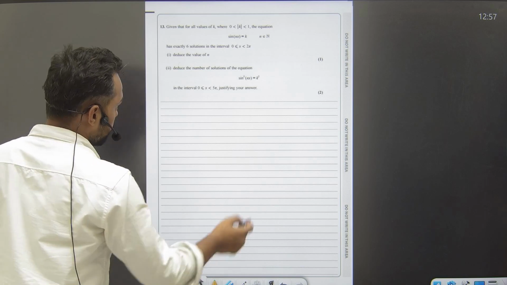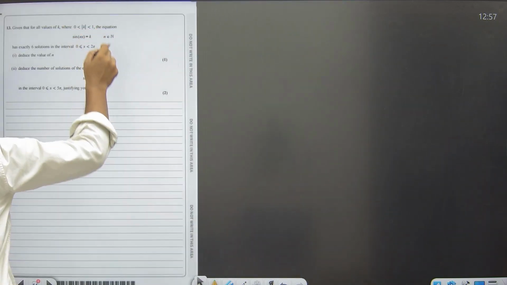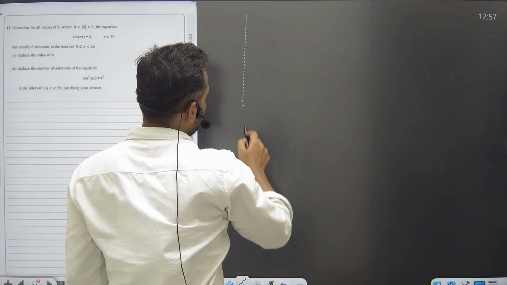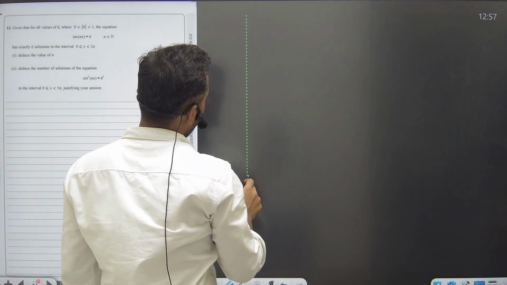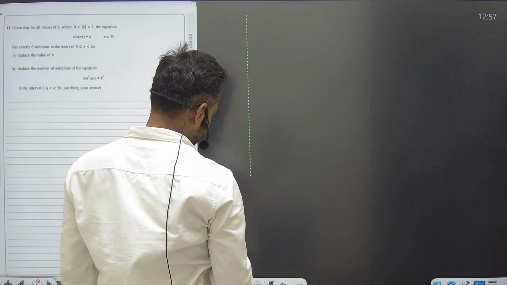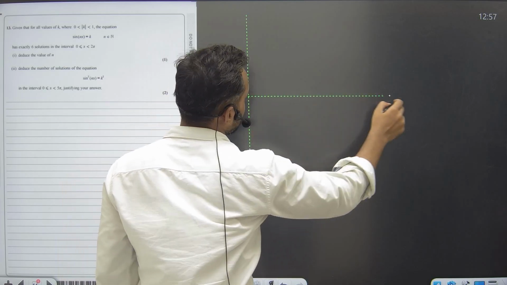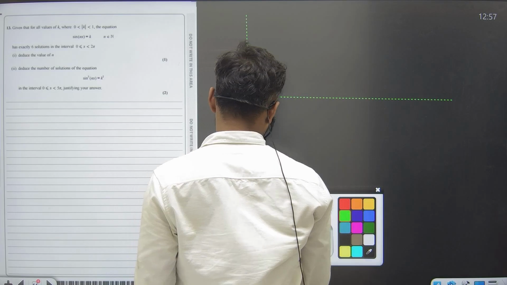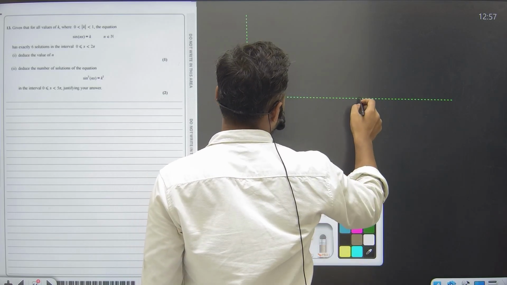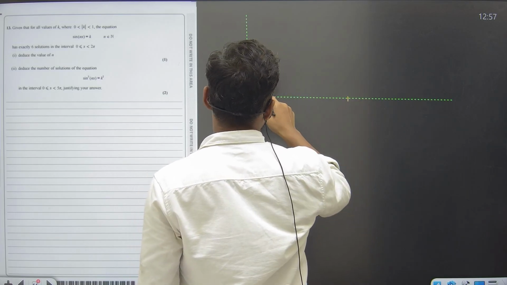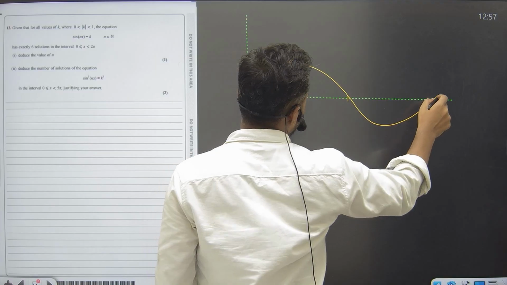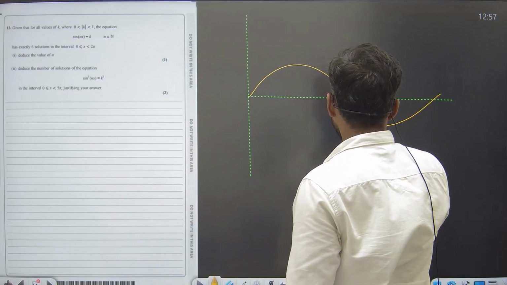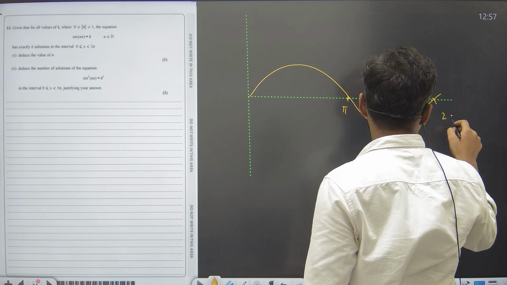Now next question, students, this is also a good question. If we are plotting the graph of sin x, this point will be pi, this point will be 2 pi.